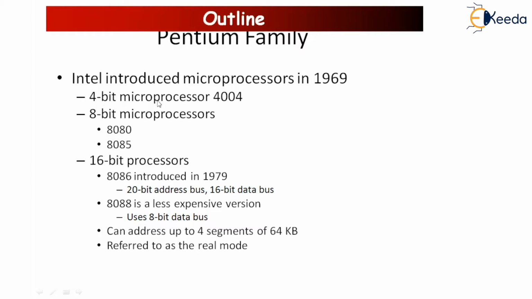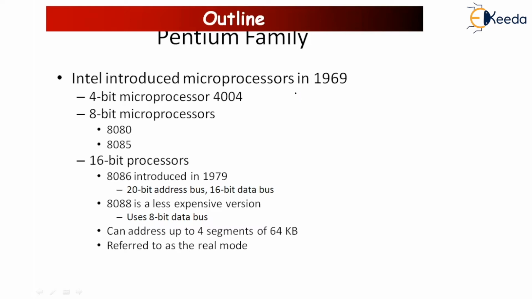A 4-bit processor's architecture size is 4 bits. That is, a 4-bit processor supports a 4-bit word. A processor can read and process 4-bit data at a time. Our bus system also should support 4-bit data.